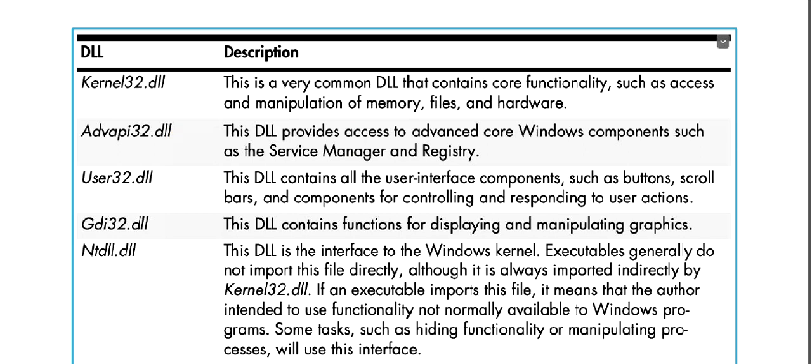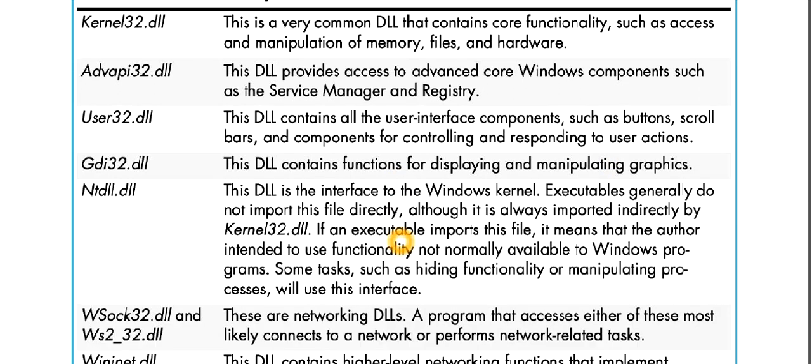This DLL provides access to advanced core Windows components such as the Service Manager and Registry. Then user32.dll contains all the user interface components such as buttons, scroll bars, and components for controlling and responding to user actions. Then we have GDI32.dll, which contains functions for displaying and manipulating graphics.